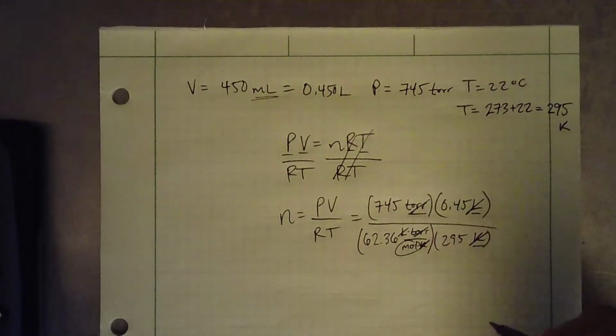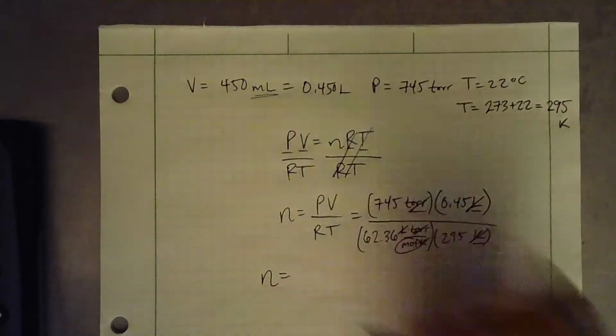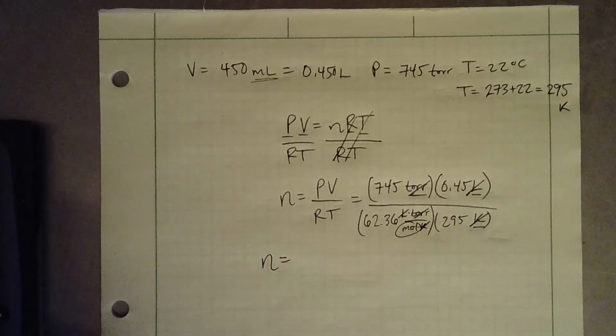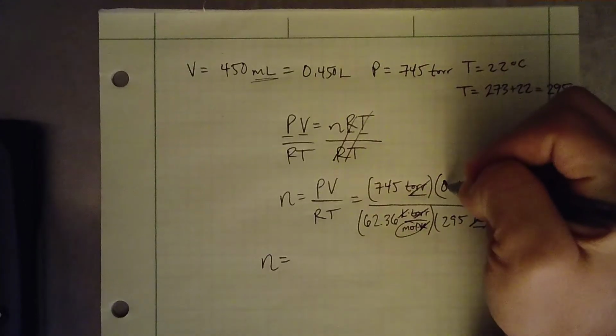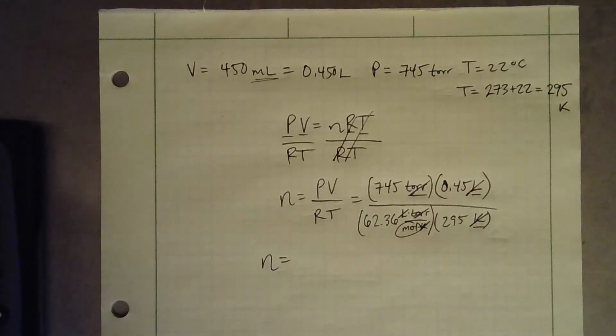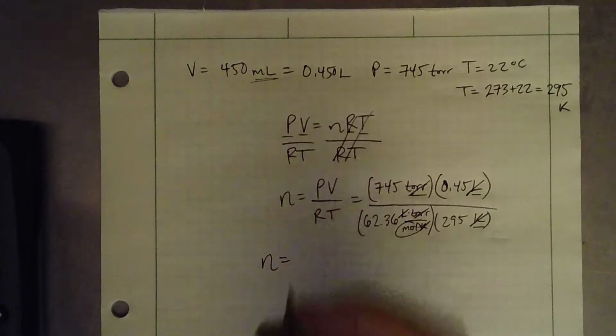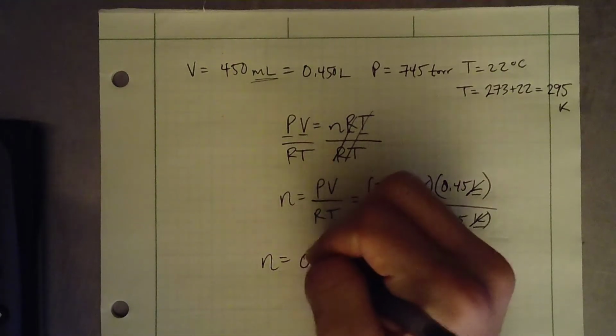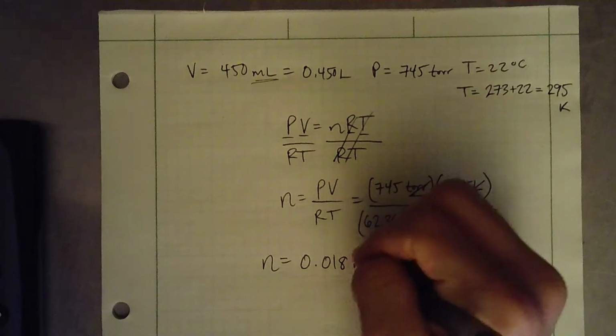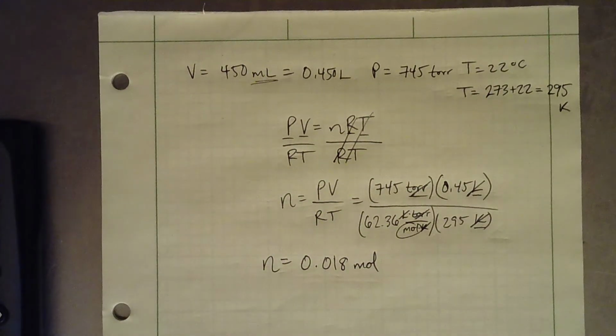So I'm going to be left with moles. So n is equal to 745 times 0.45 divided by 62.36 and 295. Doesn't look like a large number of moles here: 0.018 moles. This is the number of moles of gas that I have here.